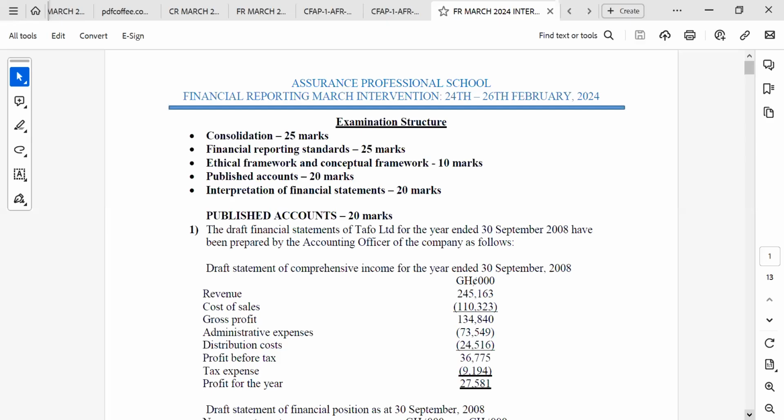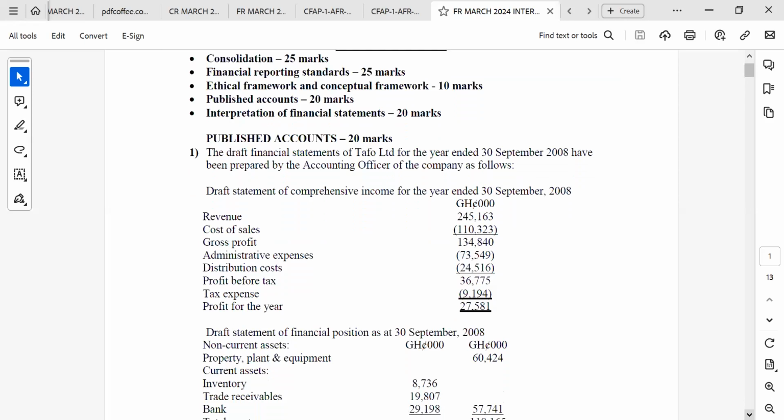So what we are going to do is that we are going to pick two solid questions and see how we can go about them.